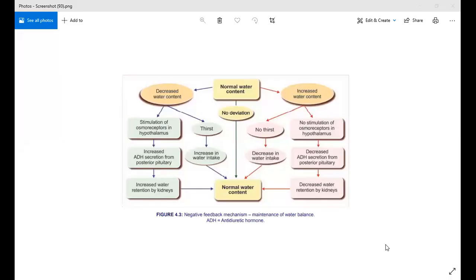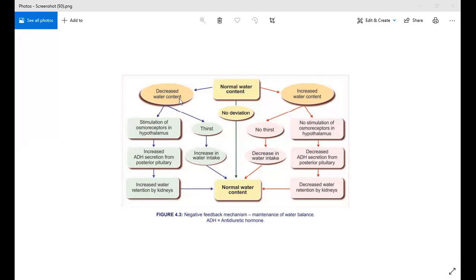So here in this picture, you will see water regulation. So this is normal water contents. Now, imagine there is a decrease in water contents. And we said 3 main things can lead to a decrease in water content.